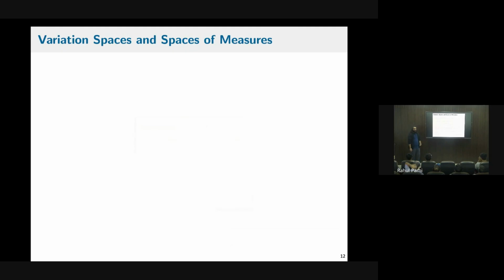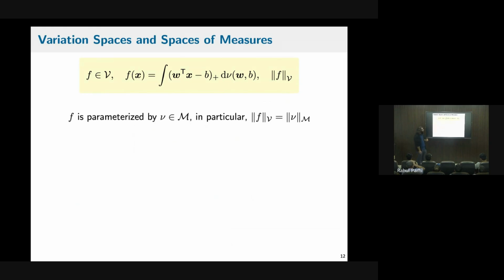So what really are these variation spaces? Well, I have some function f in this space. I know it has this integral representation. I know there's some norm. What actually is the norm? Well, because every function in the space is parameterized by a measure, it turns out the norm of a function in the space is just the total variation norm, in the sense of measures, of that nu that I'm integrating against in the integral representation.